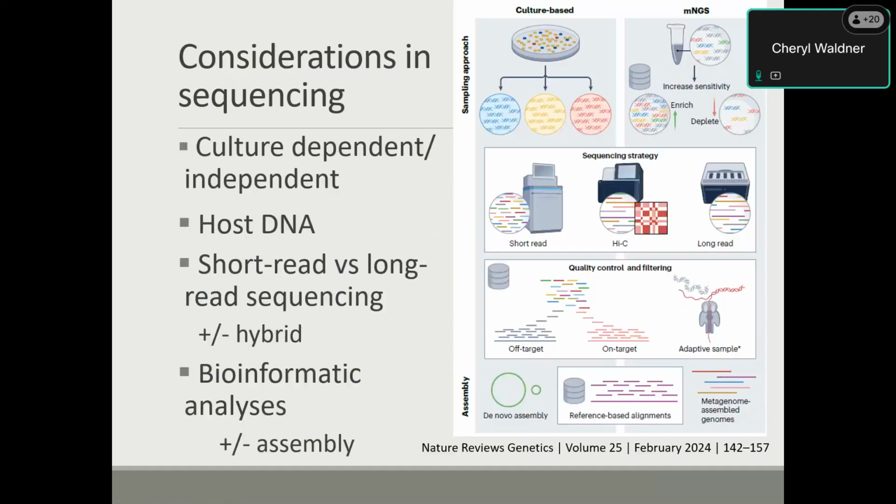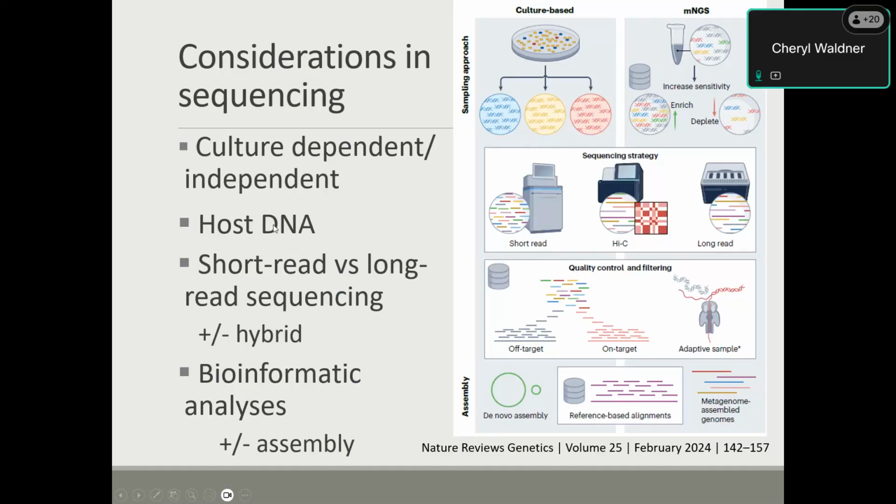So what sort of considerations did we need to take into play when we were trying to put this process together, trying to find something that could be done at large scale, that could be done cost effectively, and could be done reasonably quickly? So the first question was whether we wanted a process that was culture independent or not. I'm going to talk more about that in just a second.